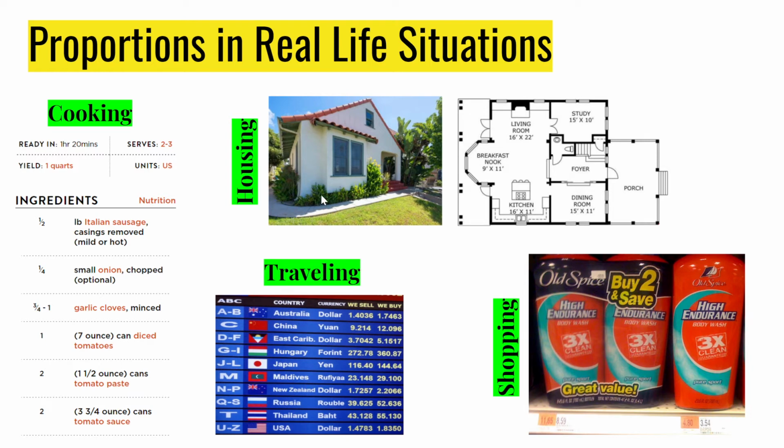Another place that you'll see proportions is in housing. When we're talking about a house, sometimes you want to see the floor plans first. And you want to see the floor plans first because you want to see if it's worth your time to even look at that house and go drive over there. So people make floor plans, basically a smaller version scaled down in a drawing form. And they do that so people can get a sense of what the dimensions are of the house. You see, for example, right here it says 16 feet by 11 feet.